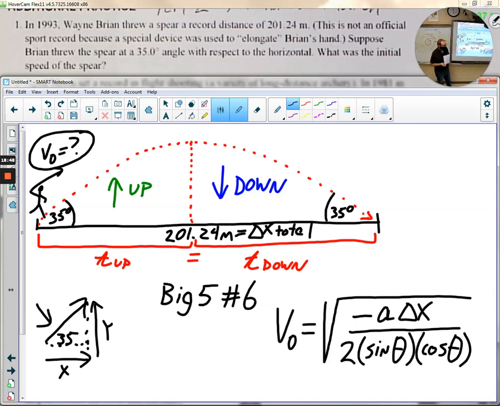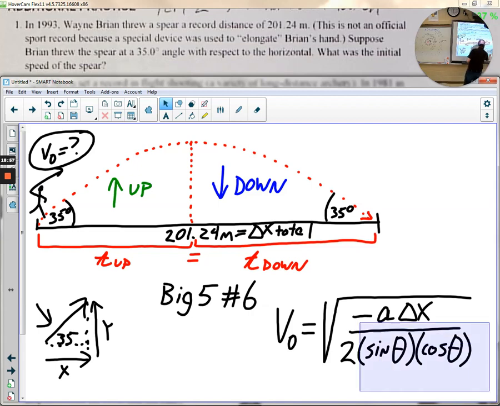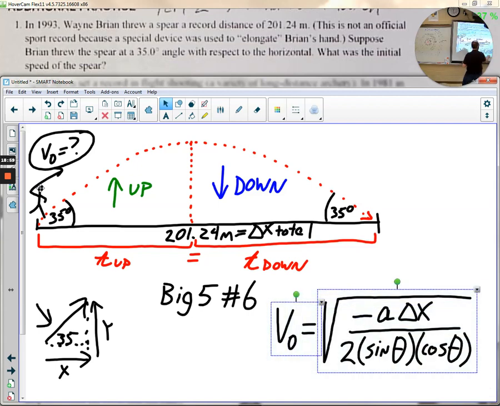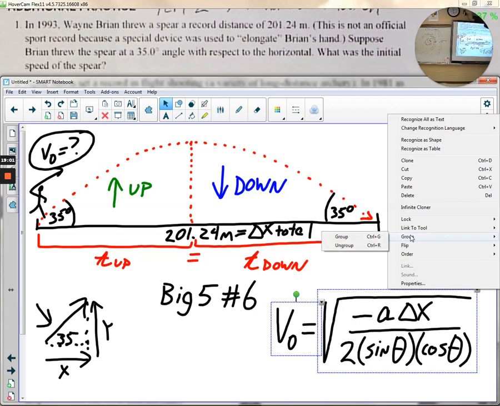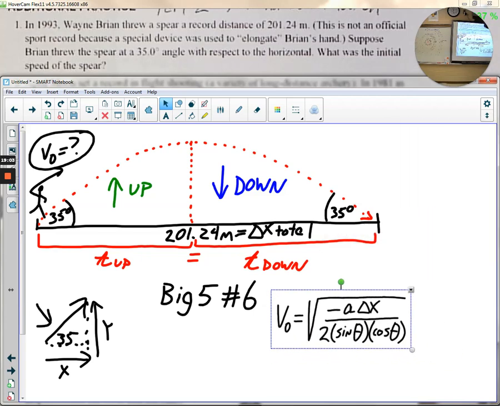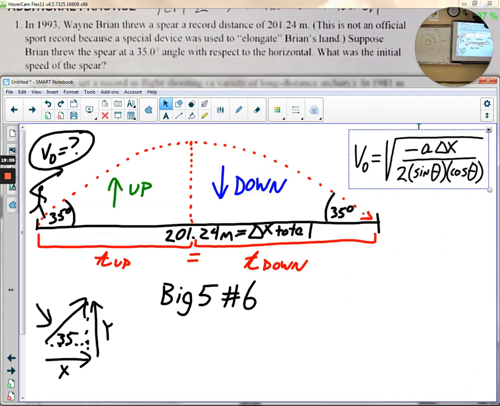Okay. So if we're going to go with the assumption that this does in fact work, let me shrink it down a little bit and move it up here.